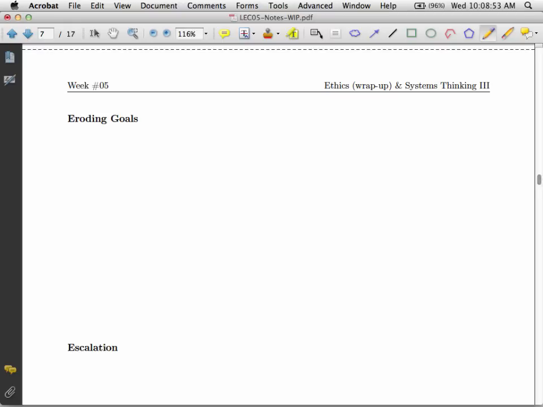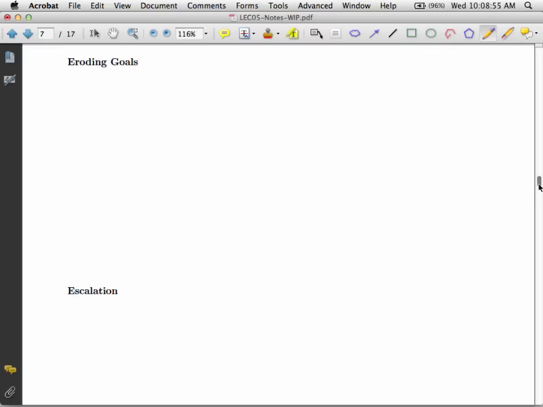Eroding goals. Well, this one, again, is very similar to the balancing loop with delay. So we have some condition, some state we'd like to be in, and we're not quite there, so there's a gap.